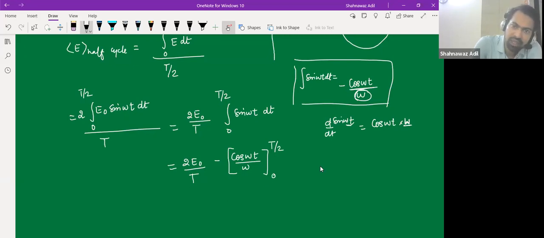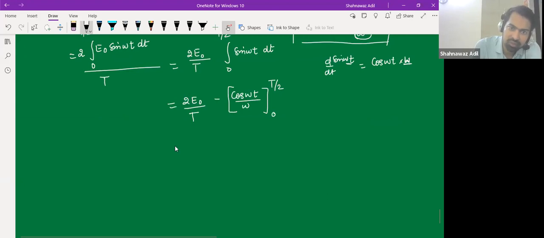So omega is taken outside. So minus T E naught and then T omega, and the limit is cos omega t from T by 2 to 0.